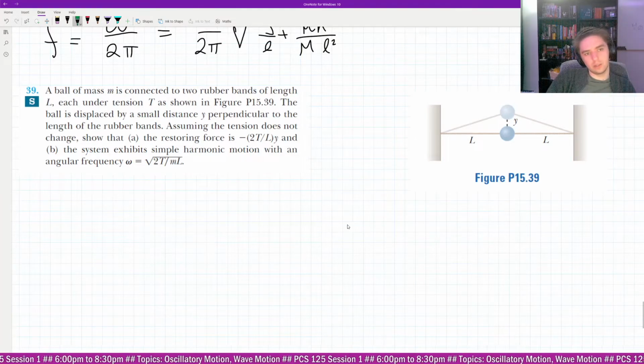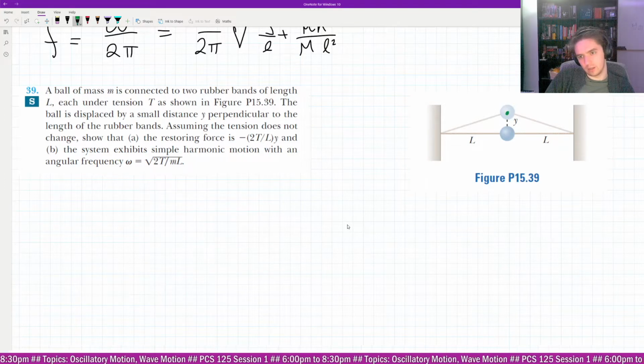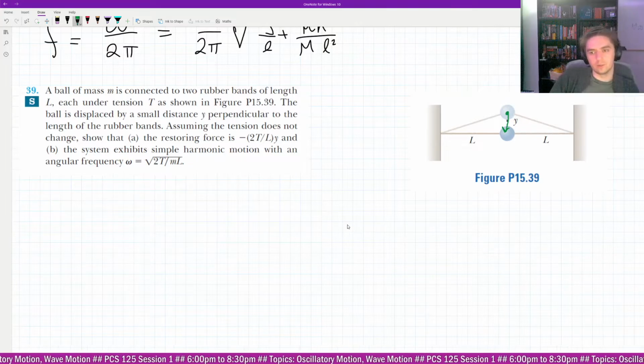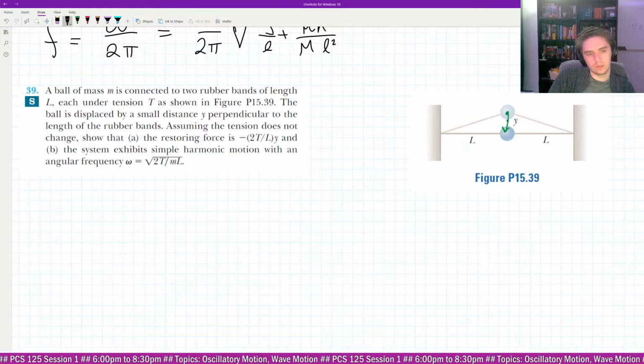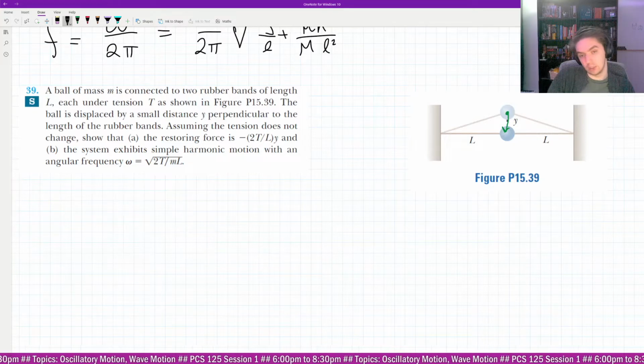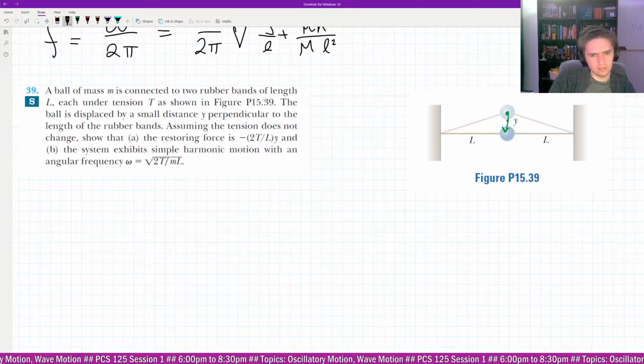Okay, so the restoring force, I guess, is the force that acts on the ball to bring it back to equilibrium. Okay, well, what are those forces? The force of tension, I guess, in both strings. So I guess no gravity.